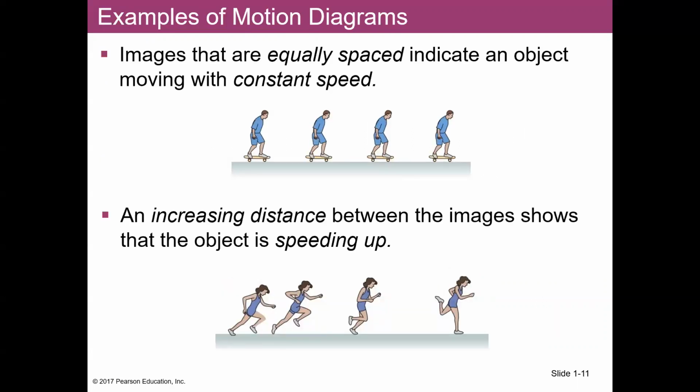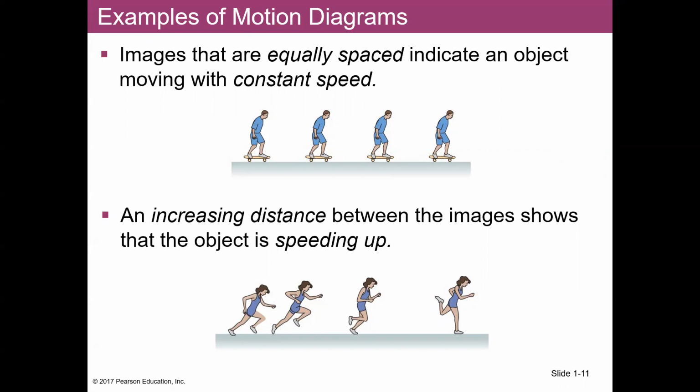Furthermore, we can define other types of motion. Right here we see constant speed defined where the images are equally spaced in equal time intervals. We can also define the concept of increasing speed. The book says speeding up, but that can often cause confusion when we're dealing with vertical motion. I will always say increasing or decreasing speed, so there's no confusion.